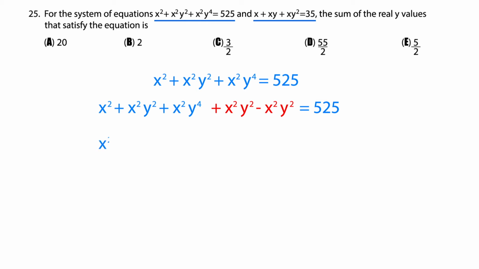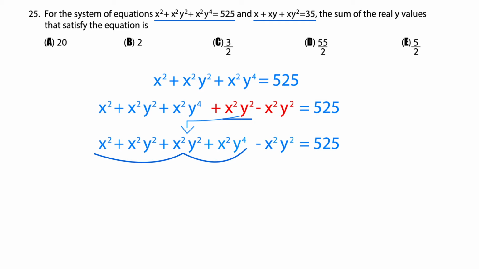It becomes x squared plus x squared y squared plus x squared y squared, right? This guy, I just put it here, plus x squared y to the fourth, minus x squared y squared, like that. All right?